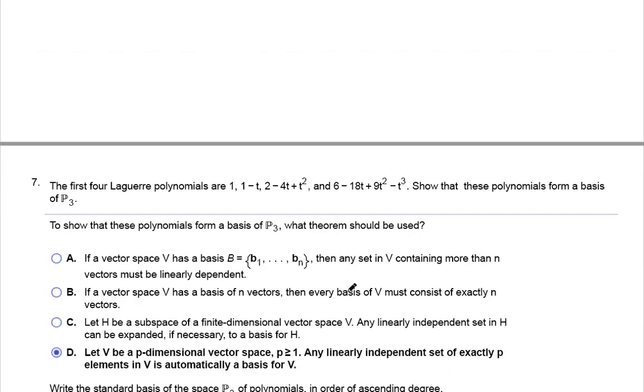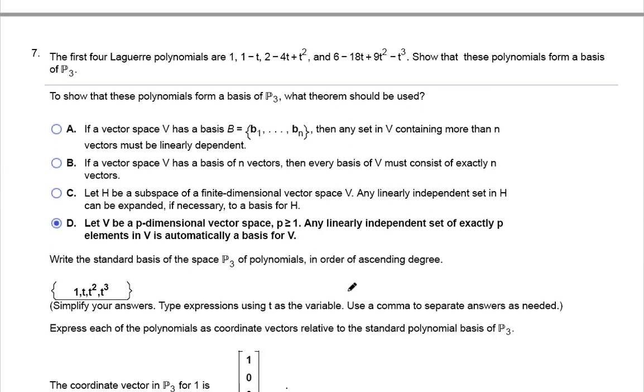In the last question, we have another set of polynomials called Legendre polynomials, again from mathematical physics and certain differential equations. And again, they're a set of polynomials of degree 3. We want to show again that they are another basis for P3.